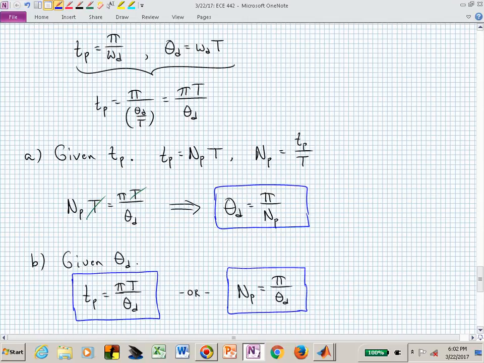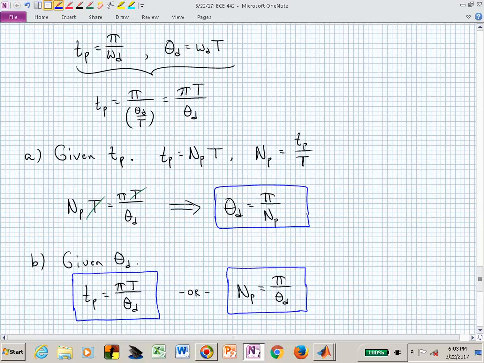If they give it to us in absolute time, then we need to know the sample period, capital T, and we can then solve for n sub p. If somebody gives us the angle, theta sub d, we can just reshuffle that same relationship and find that the number of samples to reach the peak is pi over theta sub d.